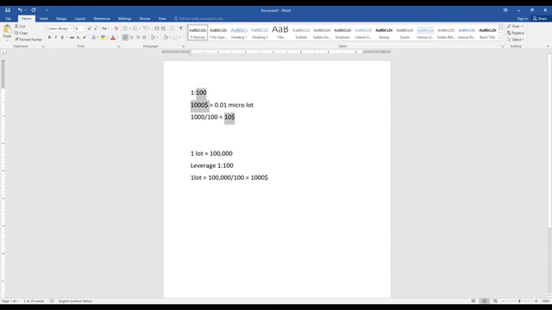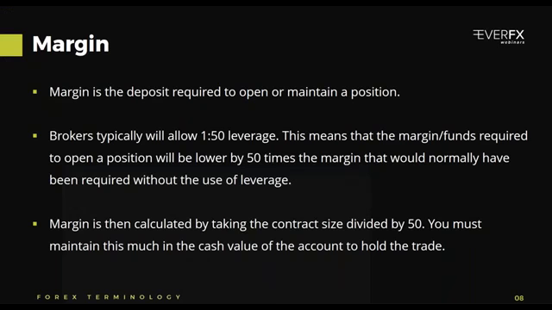Okay, now a margin would be this right here. A margin would be essentially what you're putting into the market against what you're getting out of it. On this trade right here, one standard lot with a leverage of 1 to 100, this would be your margin. Very, very important. Now, brokers typically will allow you a 1 to 50 leverage, not a 1 to 100, but a 1 to 50.